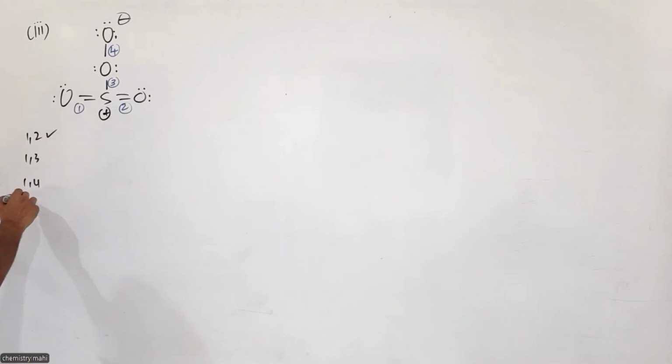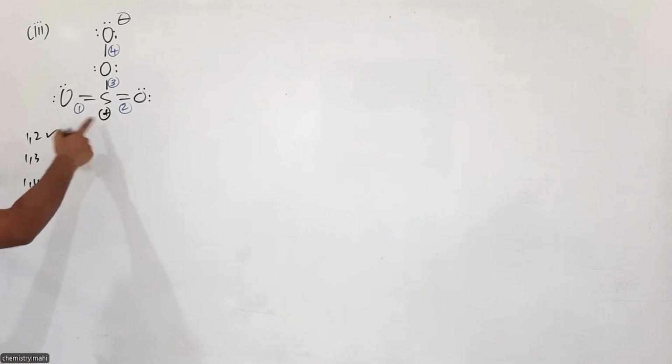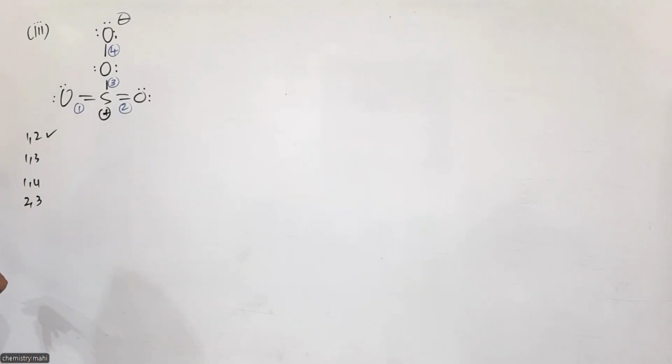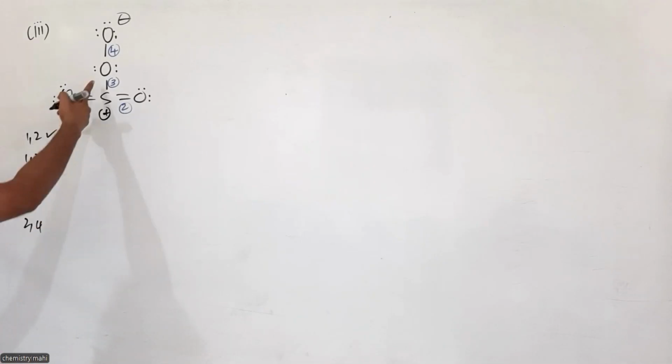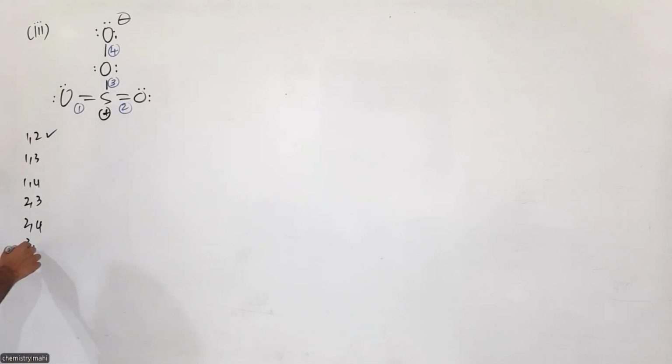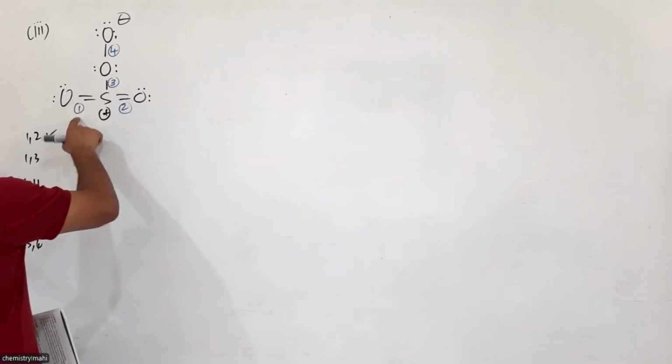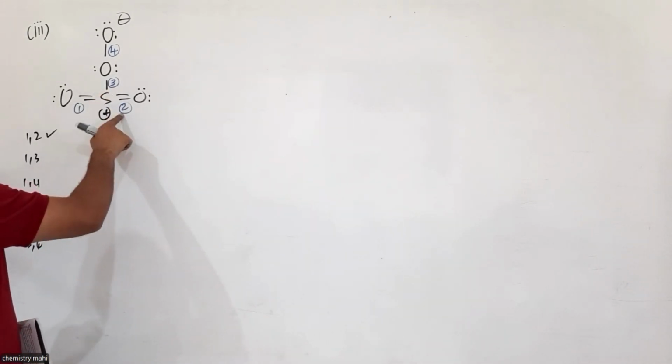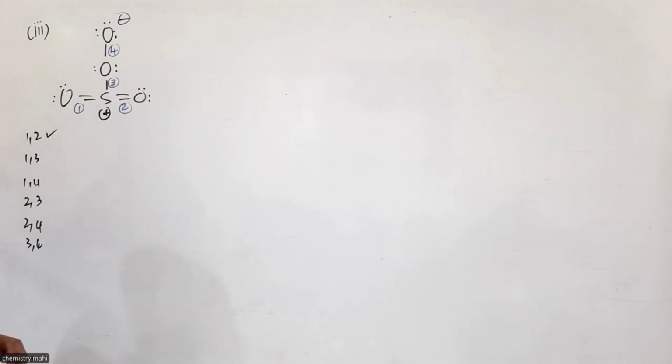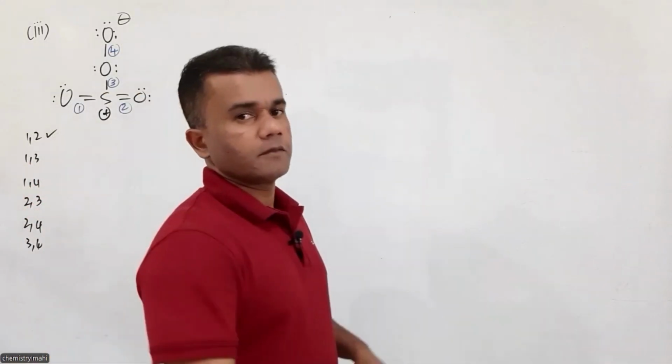Then 2, 3 not available. 2, 1 available, but 2, 3 not available. Then 2, 4 available. Likewise, 3, 1 available, 3, 2 considered, and 3, 4 also. So we can have some different possibilities.